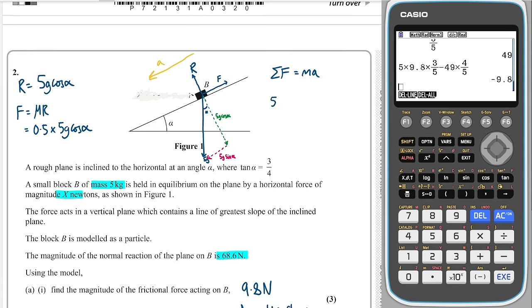We've got 5g sine alpha going in the positive direction, and we take away the frictional force, which is 0.5 times 5g cos alpha, and that is equal to the mass times the acceleration. So to find the acceleration, I need to do 5g sine alpha minus 0.5 times 5g cos alpha all over the mass of 5.